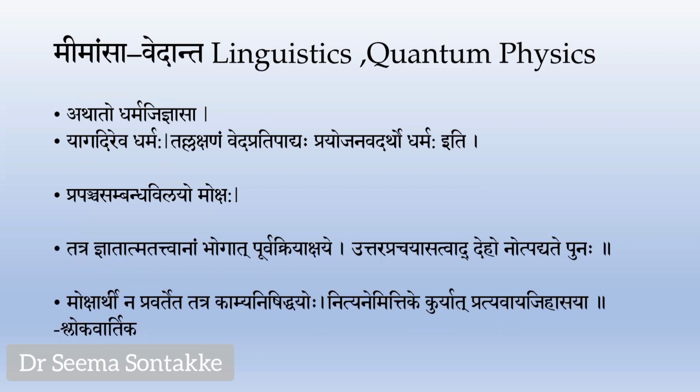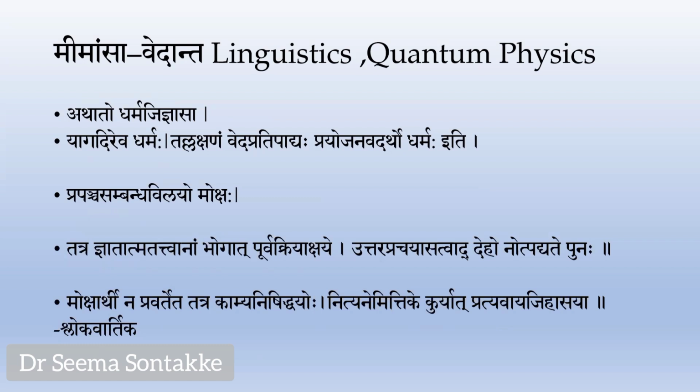Therefore, because it begins with the statement "Athato Dharma Jijnasa," this darshana deals more with the Vedic text. Mimamsakas are strong believers of the Vedas. As per this system, Vedic words are the most authentic source of dharma.